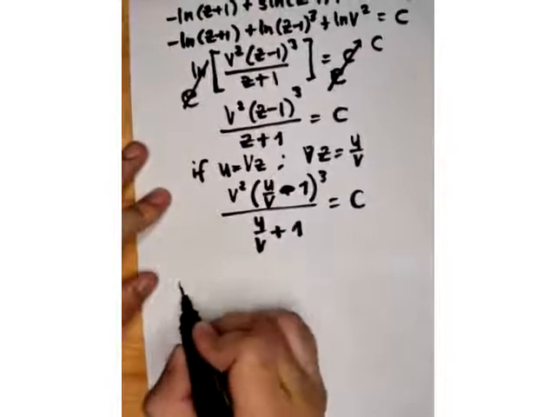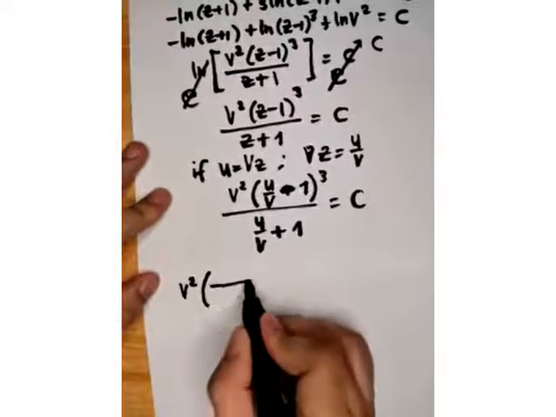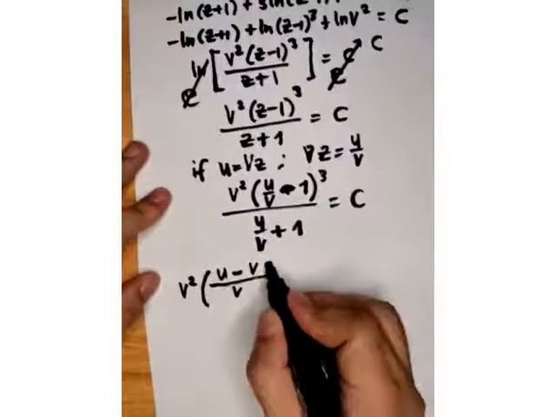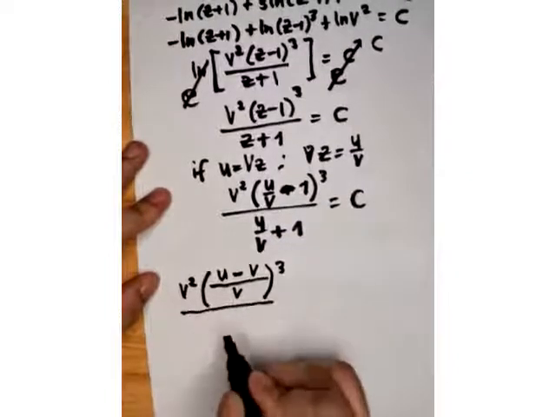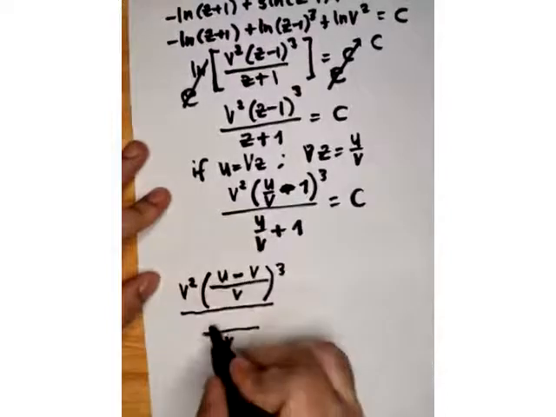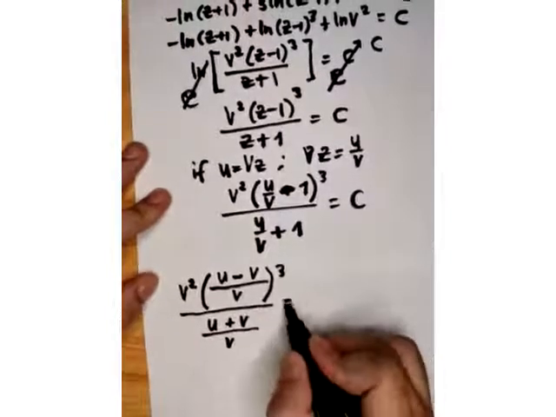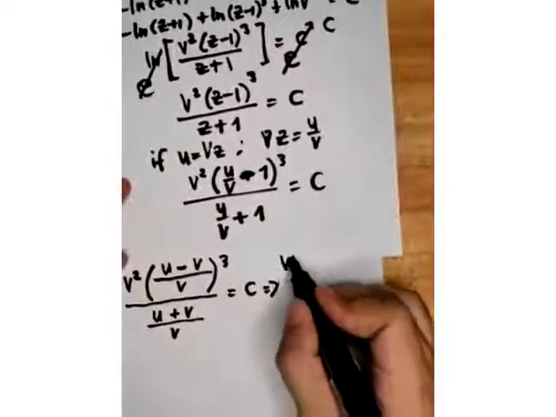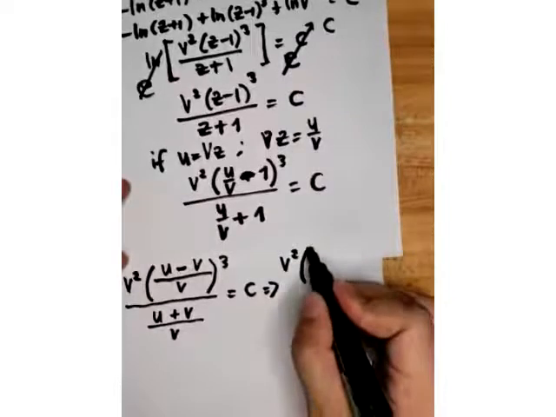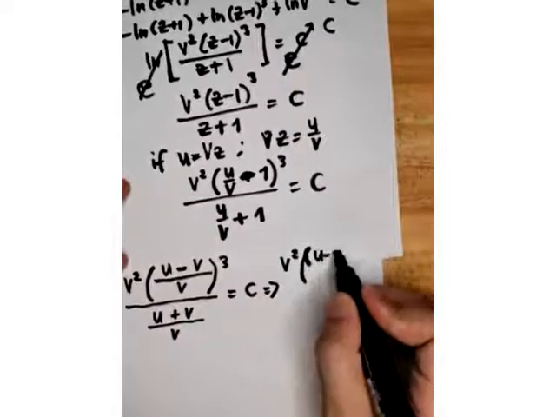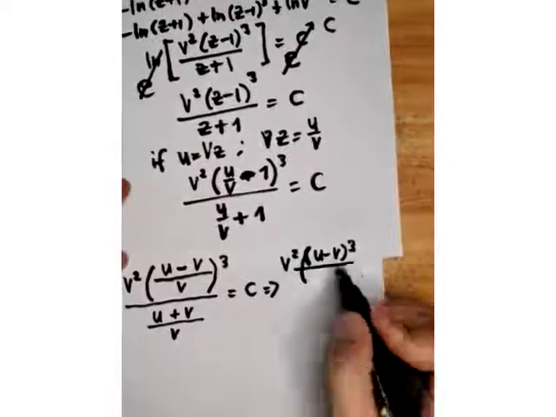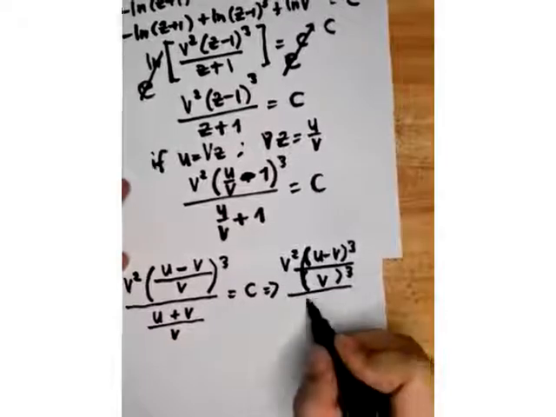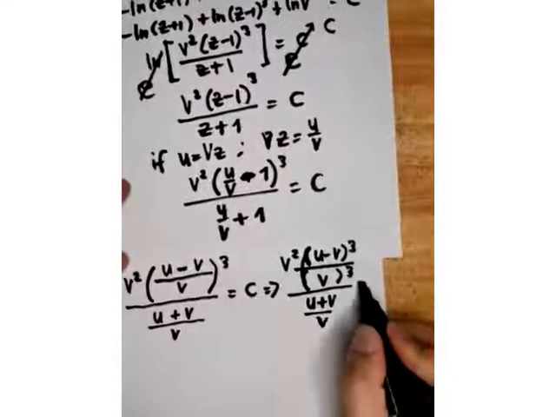So v squared times, LCD nyo yan. So LCD is v divided by v times u minus v cube over LCD v times u plus v is equal to c. So v squared times, pag-iwalay natin pala, u minus v cube all over quantity v cube over u plus v over v is equal to c.